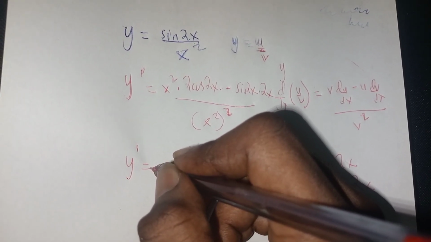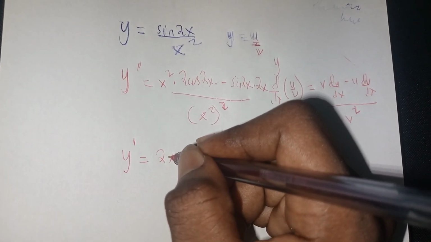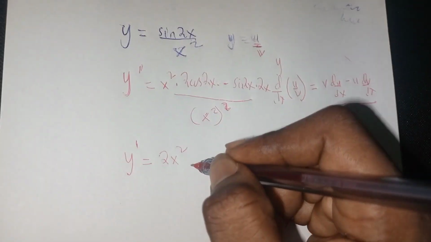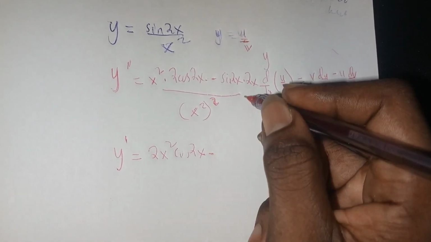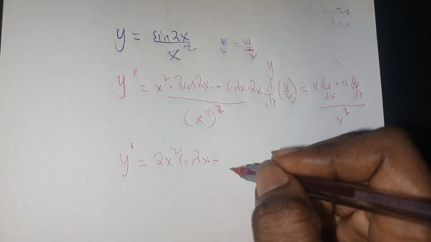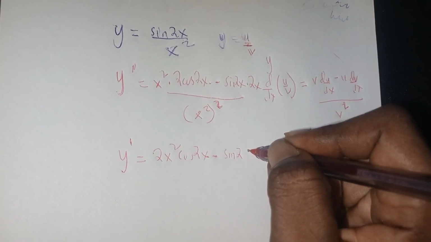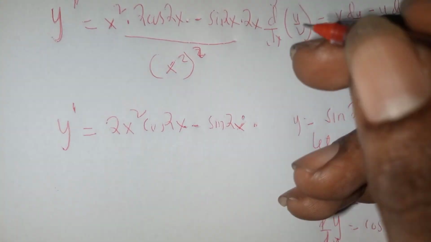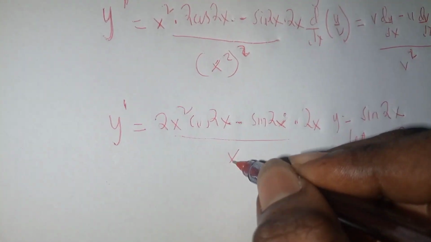We are going to get 2x squared, this time this is 2x squared cos 2x minus, what do we have over here? That's going to be sine 2x multiplying 2x all divided by x to the power 4.